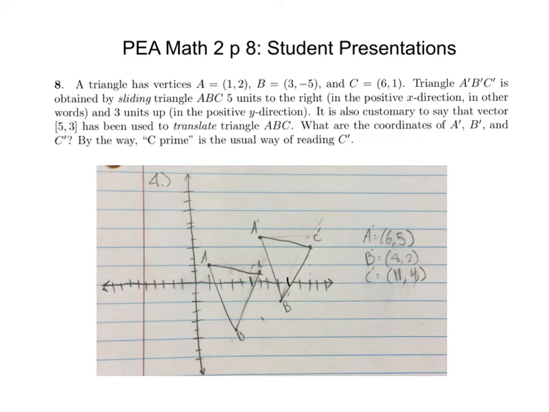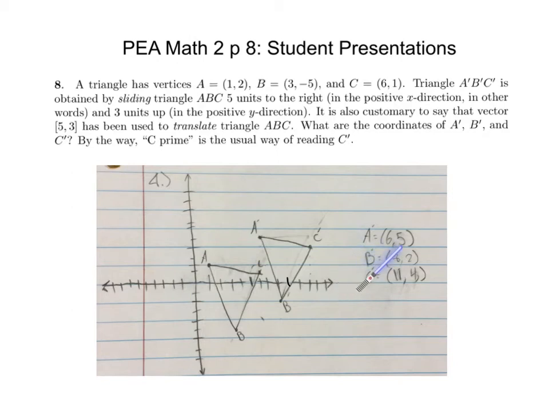Okay, so A starts out at (1, 2), so you move it to the right 5, which turns the x from 1 to 6, and you bring it up 3, which turns the 2 into 5.